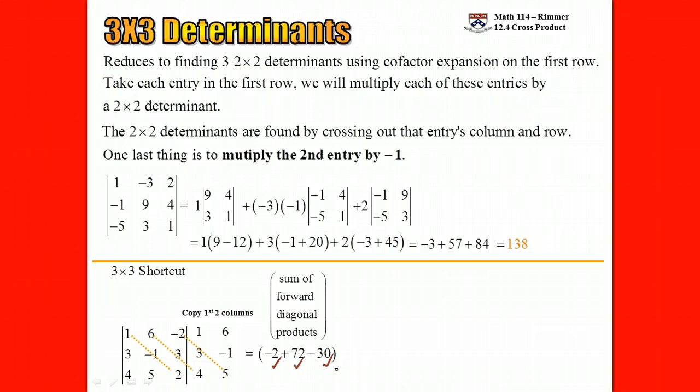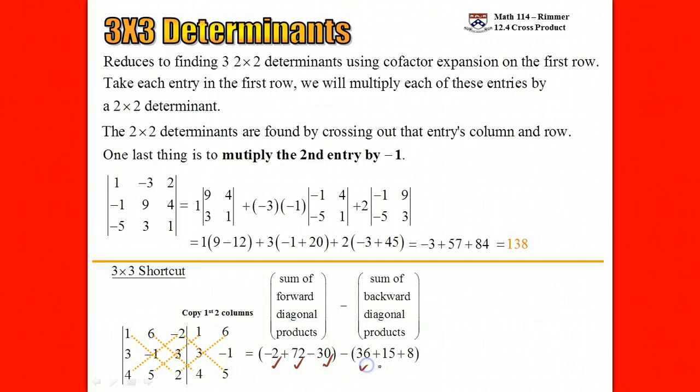I get those guys, add them up. Then I go backwards. These guys that are going backwards, it's backward diagonals. I do the same thing there. I get a 36 and a 15 and an 8. And what I do with those two sums is I subtract them. The forward guys minus the backward guys, and I get a number.